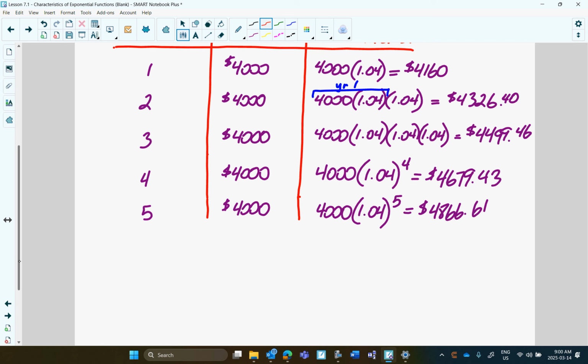Anyway, so there's a shortcut that we can use. There's a formula that we can use, an equation, to find the amount of an investment.